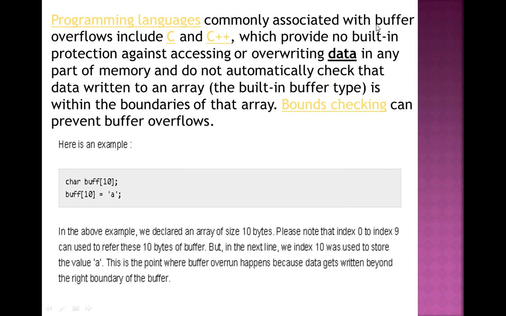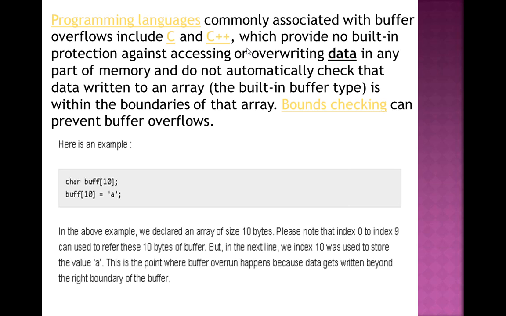Programming languages commonly associated with buffer overflow include C and C++. So most of the programming languages affected by buffer overflow are C and C++, which provide no built-in protection against accessing or overwriting data.